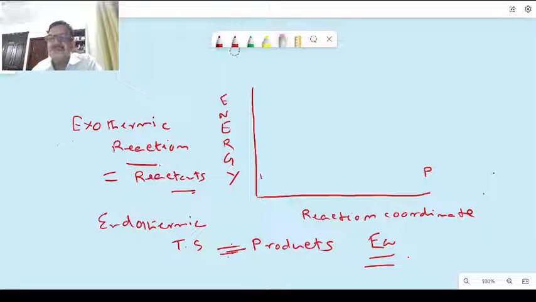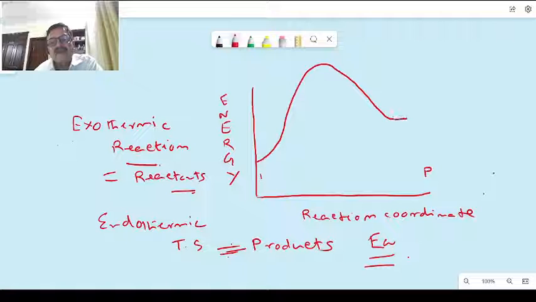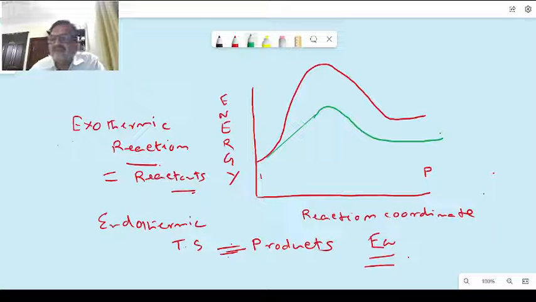Okay, now let us see. This is the reactants here. You see, one product is formed here and another will be like this.